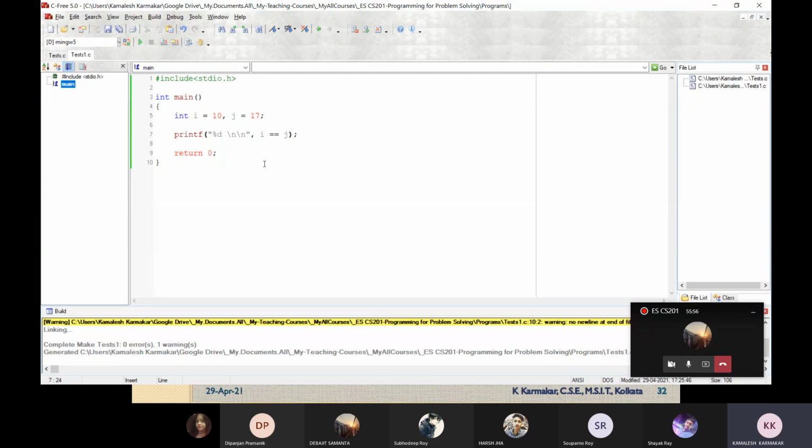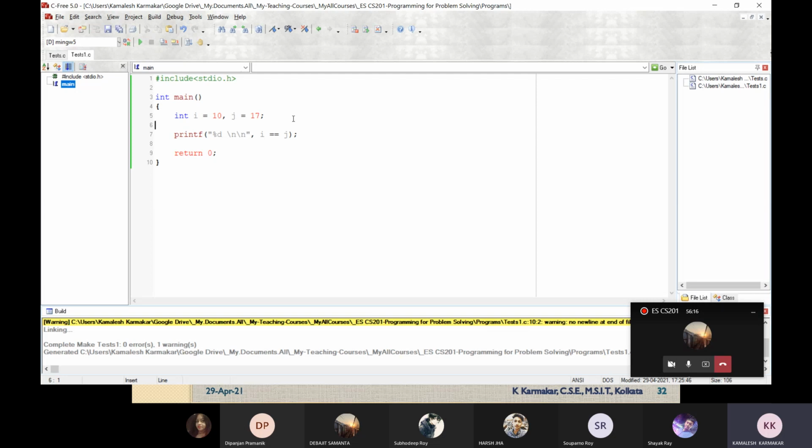Okay. So today we have discussed that in a for loop, we can write multiple initializations. We may write multiple conditions as well as multiple increments and decrements. Sometimes we can skip some of them.